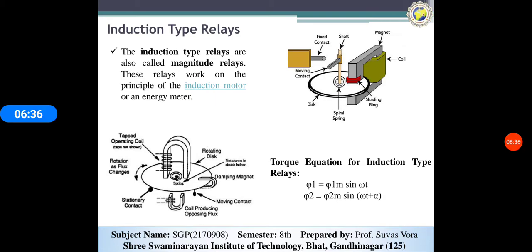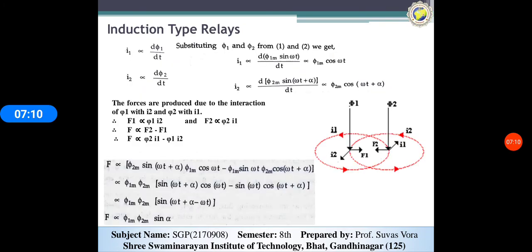Now, what is the torque equation to start the disk rotating? If I consider phi 1 for the upper side coil, the equation is phi 1 sin omega t, and the lower side is phi 2 sin(omega t plus alpha), where alpha is a displacement. When there is a displacement between the two fields, torque is generated.